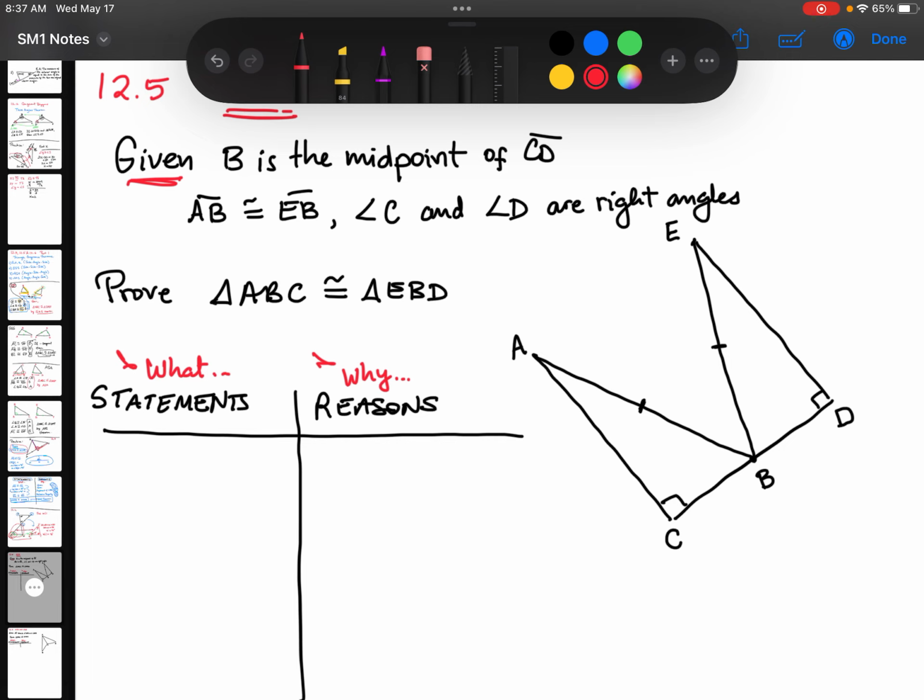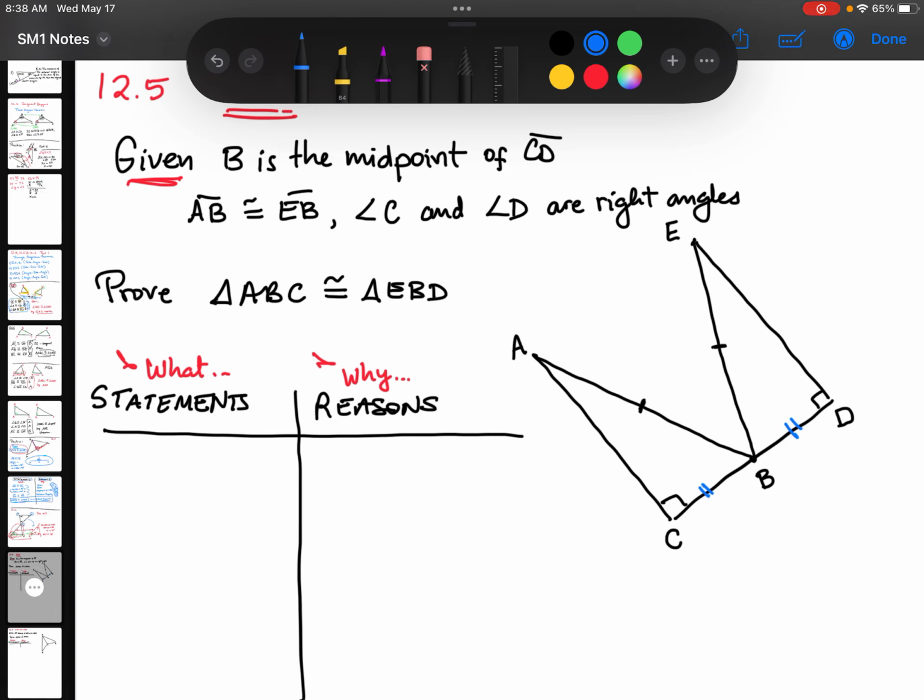Let's understand that. So you have CD right here, and B happens to be the midpoint located right here. That means something, guys. It means that BD and CB happen to be congruent.